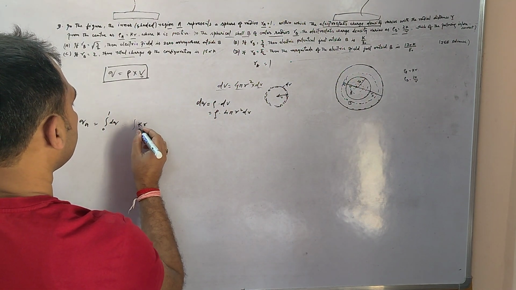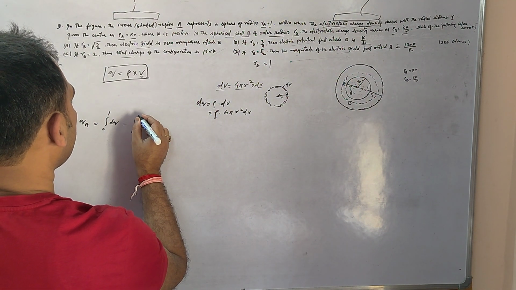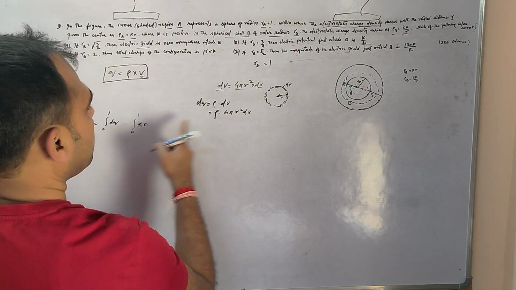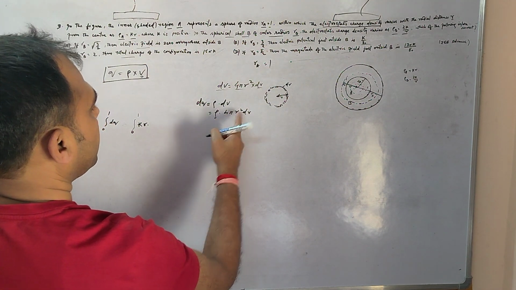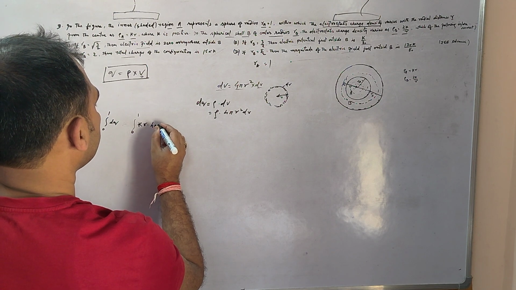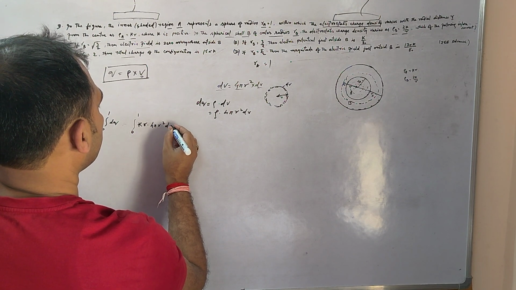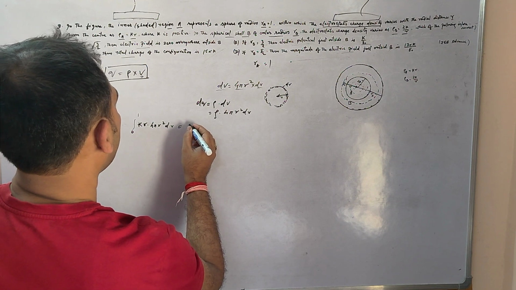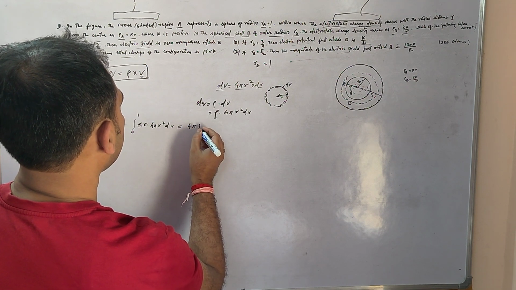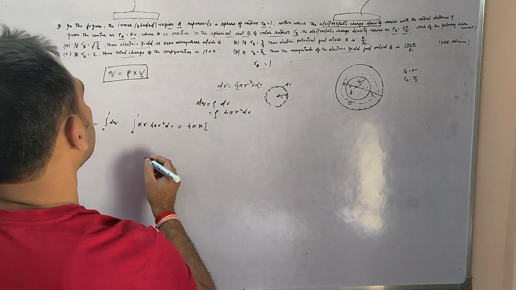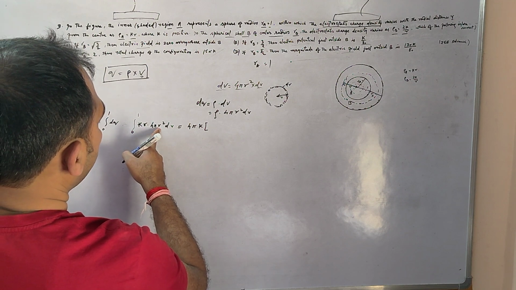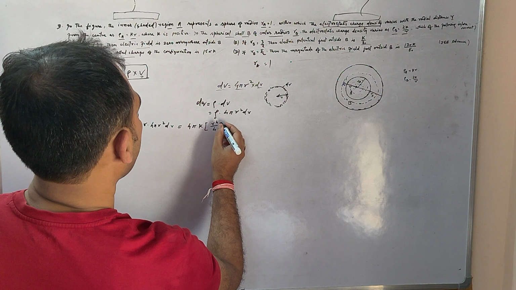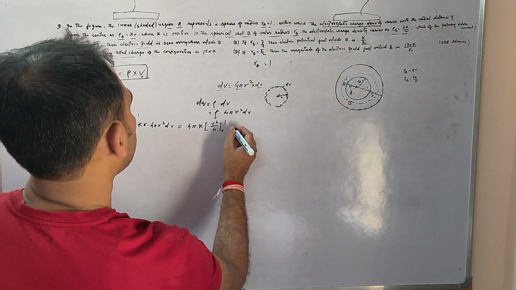So this is kr, 0 to 1, into rho, kr, into dV, 4 pi r square dr. This will be 4 pi k, r cube dr will be r to the 4 by 4, 0 to 1.